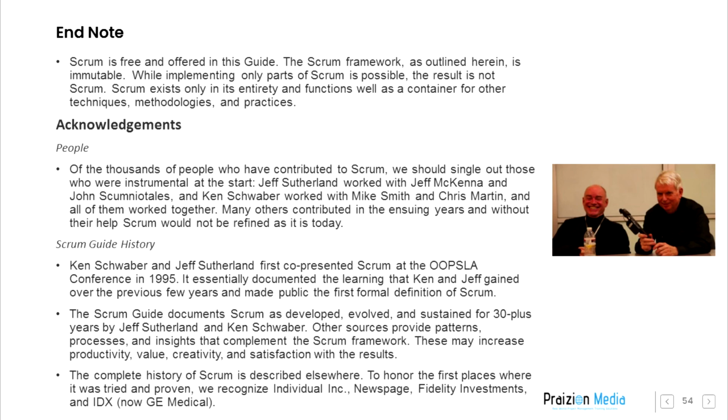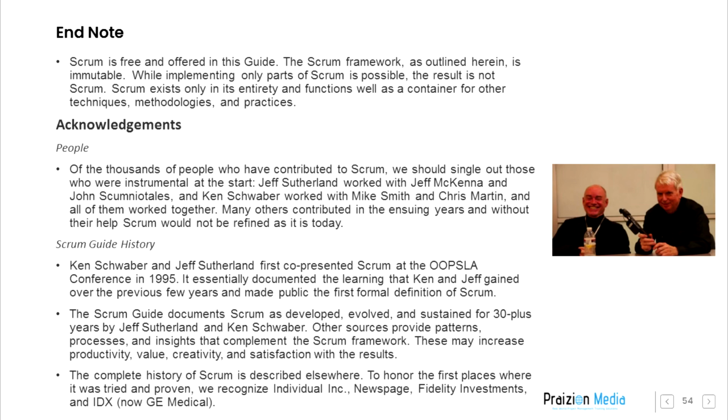Scrum Guide history. Ken Schwaber and Jeff Sutherland first co-presented Scrum at the OOPSLA conference in 1995. It essentially documented the learning that Ken and Jeff gained over the previous few years and made public the first formal definition of Scrum. The Scrum Guide documents Scrum as developed, evolved, and sustained for 30+ years by Jeff Sutherland and Ken Schwaber.